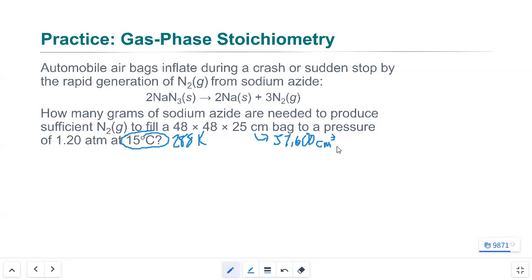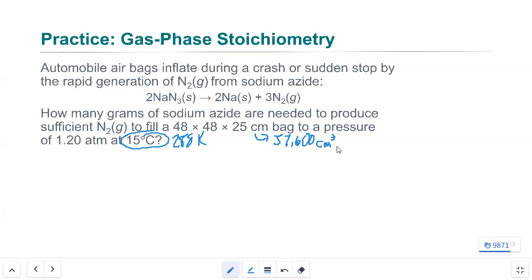Now the important thing to know in this one, how do I turn centimeters cubed into liters? It's not actually as difficult as you think. They're not equivalent, but cubic centimeters is equivalent to a volume unit that you do know.